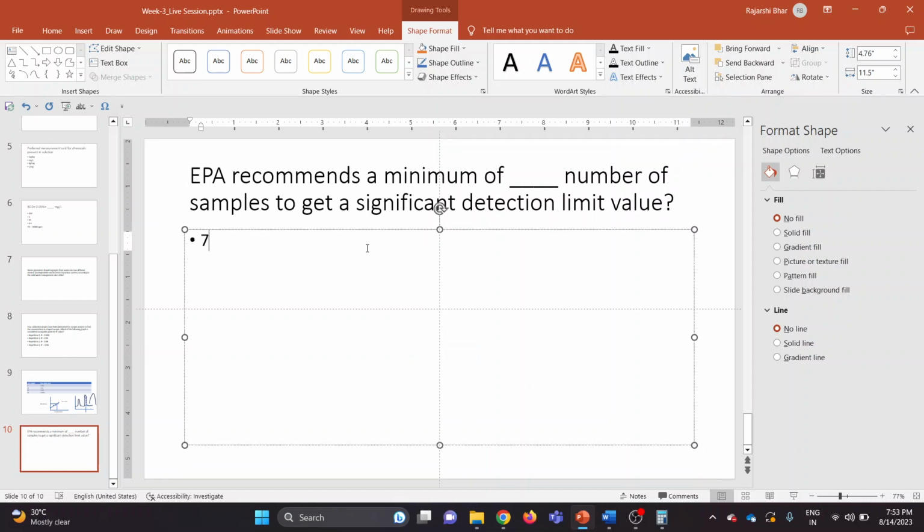Your options are 7, 10, 6, sorry, 6 and 8. What is the minimum number of samples?